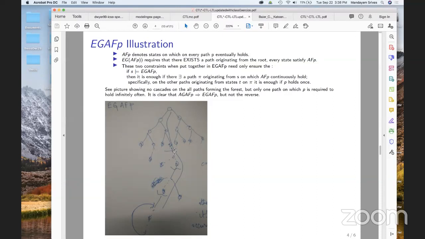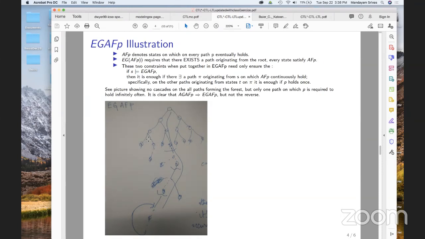Okay. So by virtue of that, it imposes at least on this path, since it says on every state on that path you have to have AF of P, that there exists one path in which P occurs infinitely often.